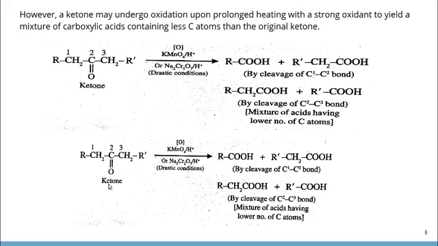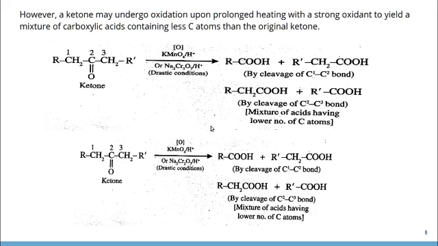Another ketone is given here, which on prolonged heating gives a mixture of 4 carboxylic acids by bond breaking between different carbon atoms. That means bond breaking occurs on either side of the ketonic group, so it can occur between C1 and C2 and also between C2 and C3.